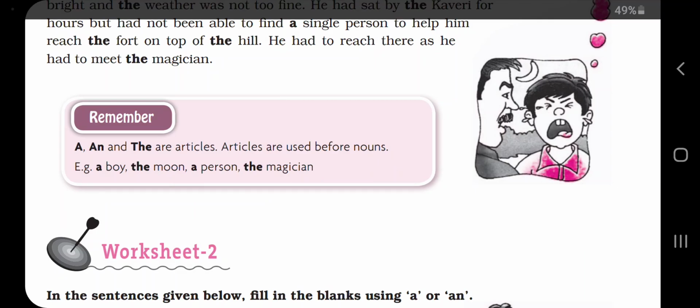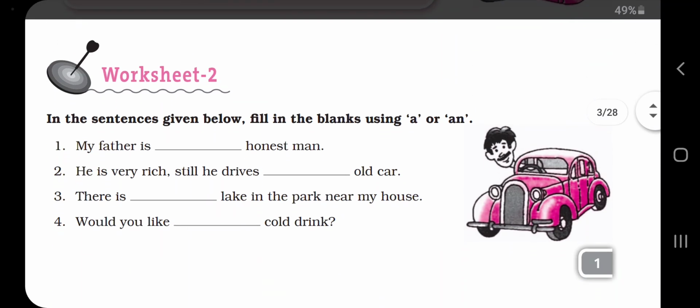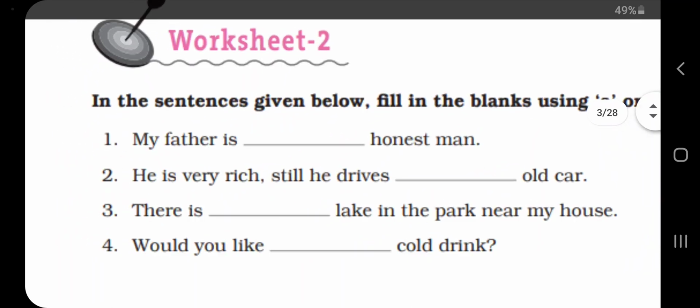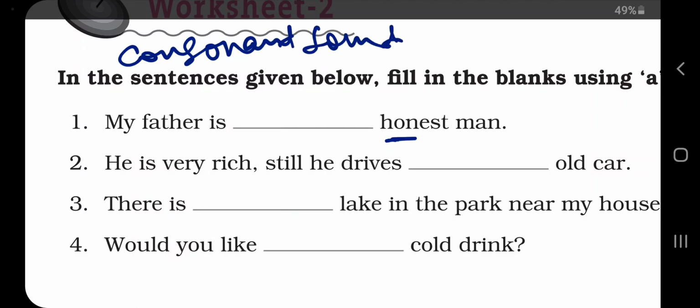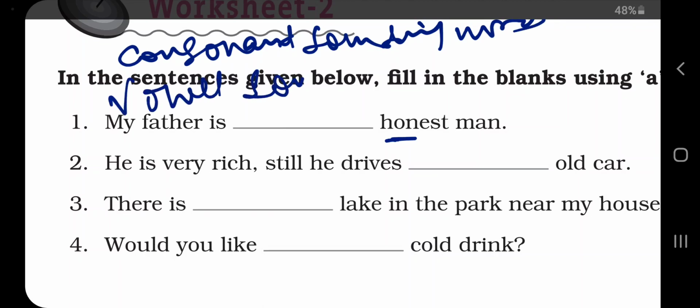Okay, now worksheet 2. Worksheet 2 is very easy. My father is an honest man. Now see, H is a consonant, but it is a vowel sounding word here. How are we pronouncing honest?